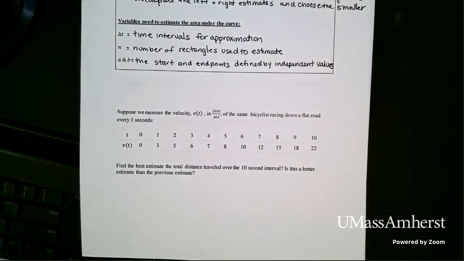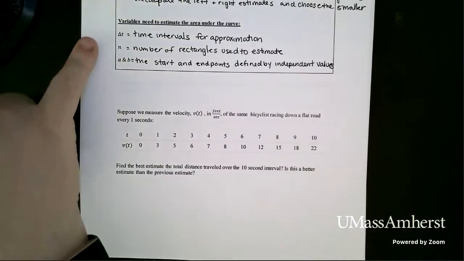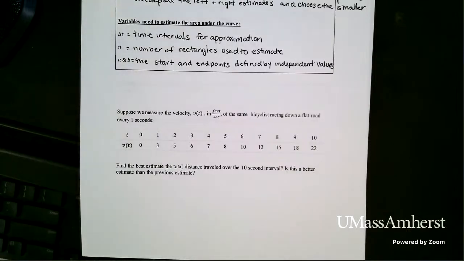So if you still have time after you've done a left and right-hand approximation, you can also jot down what is delta t, what is n, what is a, and what is b. So those are the other sort of key pieces of information. So I'm going to give you about 3 minutes just because there's a lot of values here. Find the left and the right. If you still have time, find these values, and then we'll go through it together.